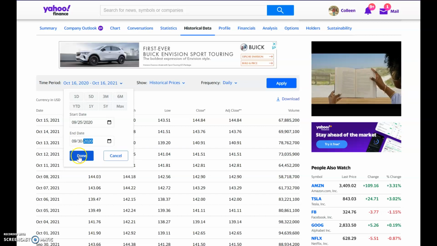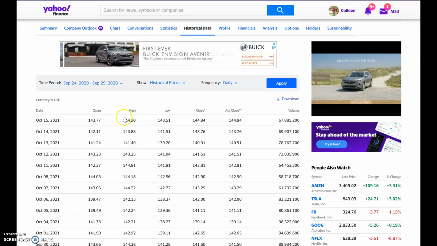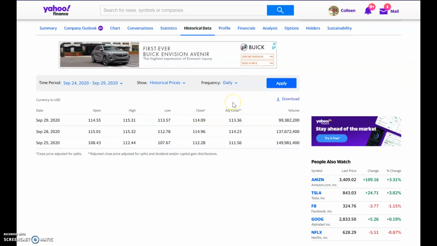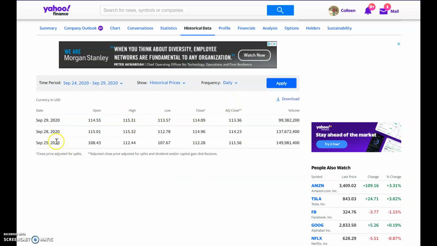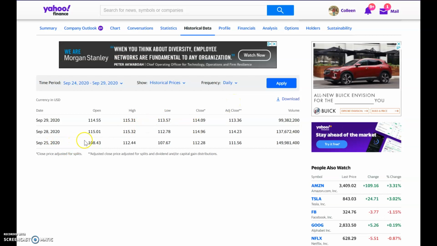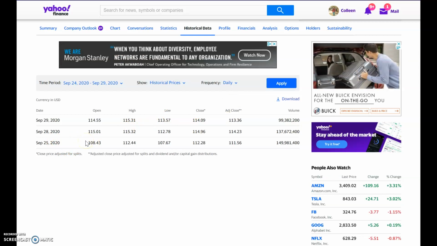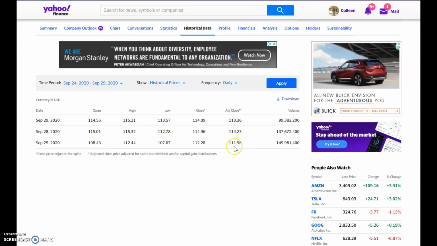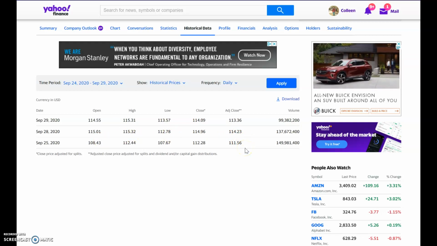Because our date was September 26th. So I say done and then apply that filter. Okay, so we can see September 25th was the Friday. This is where they were because there was no trading on the 26th. And we'll use this adjusted close of 111.56. So that's our market price.